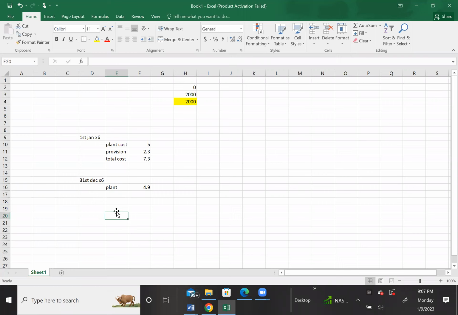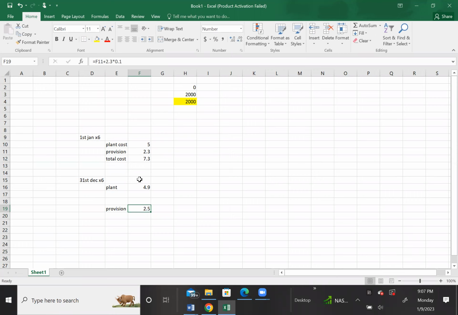And the value of the provision will be equal to 2.3 plus 2.3 multiplied by 10%. So it will become 2.5. That will be the value of the provision at the end of year one.